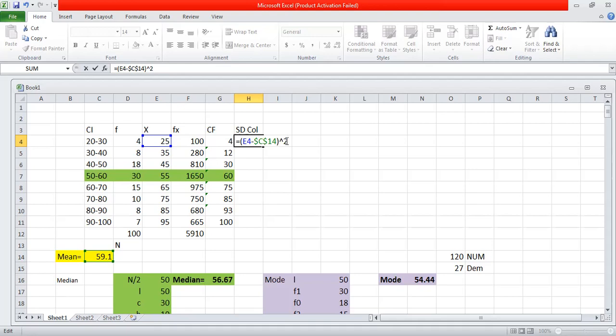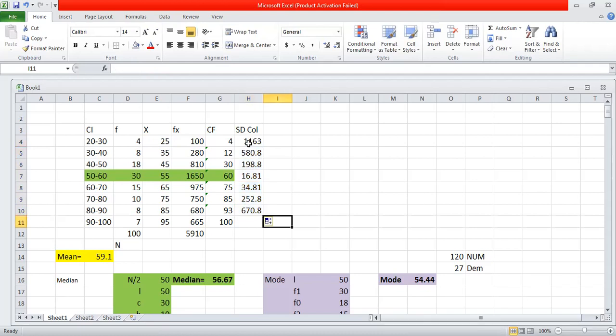Only X values will be changing. So we'll get 1163. Next, drag these values up to the last value.